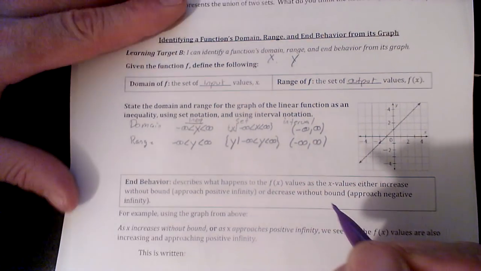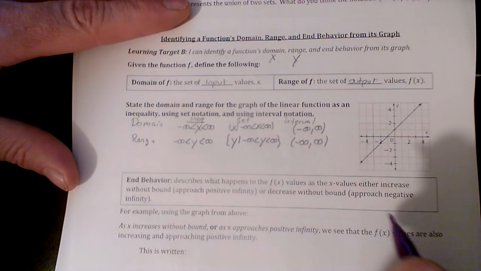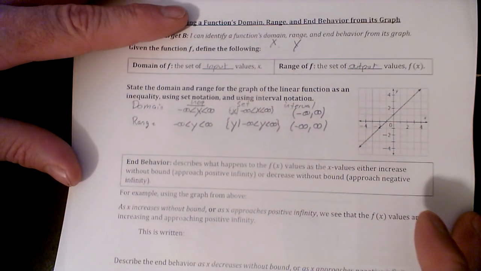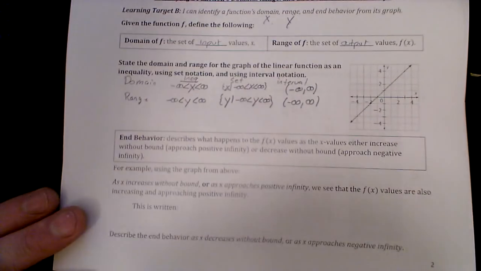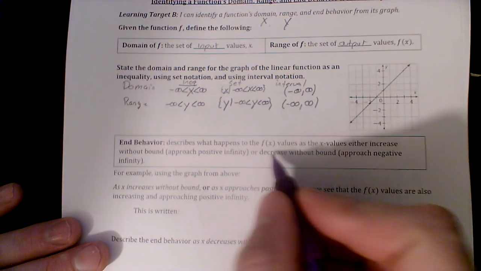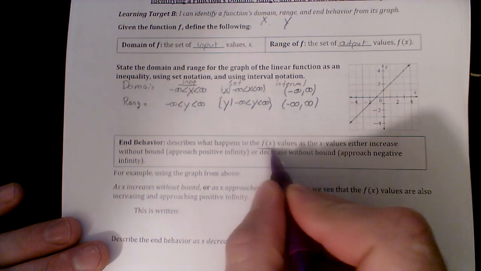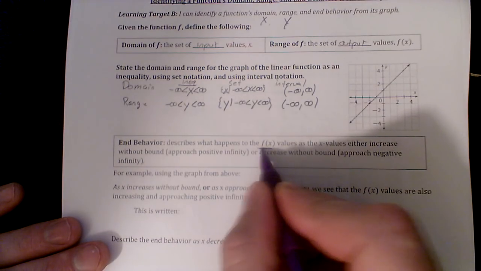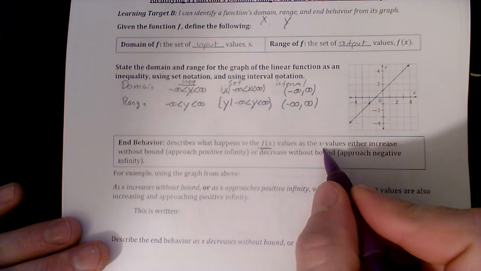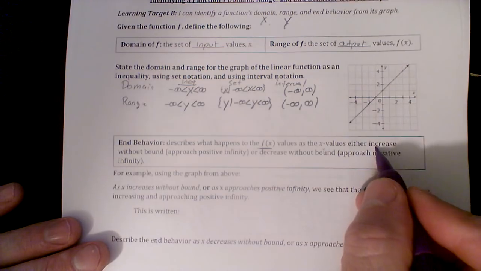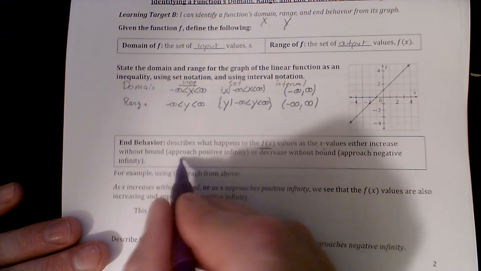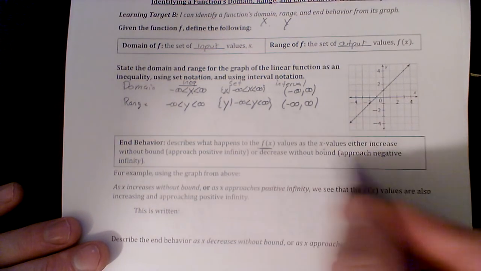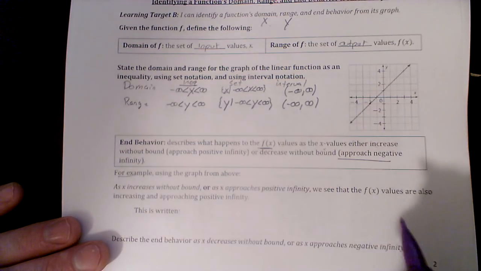All right, so now we're talking about the end behavior. The end behavior describes what happens to the output values, that's f of x, as the input values either increase without bound, approaching positive infinity, or decrease without bound, approaching negative infinity.